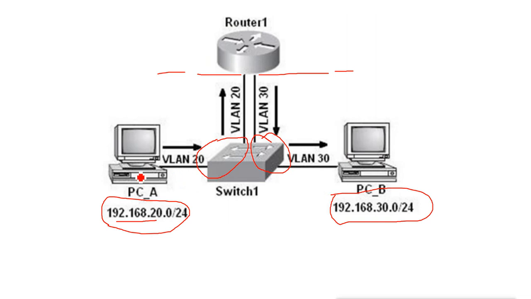When PC A wants to send the data to PC B, first it checks the IP network. The network of PC B is 192.168.30, and the network of PC A is 192.168.20. So first PC A determines that this does not belong to our network.